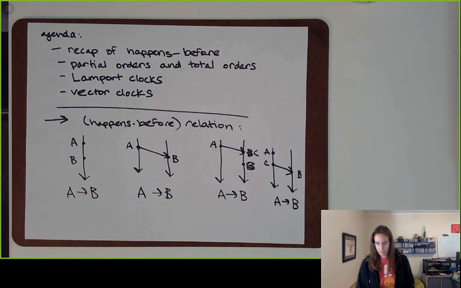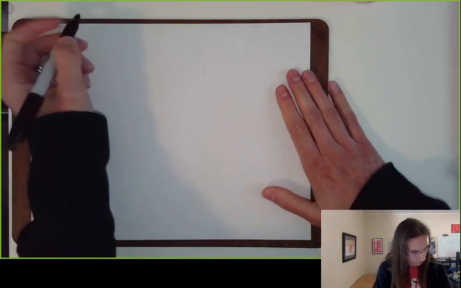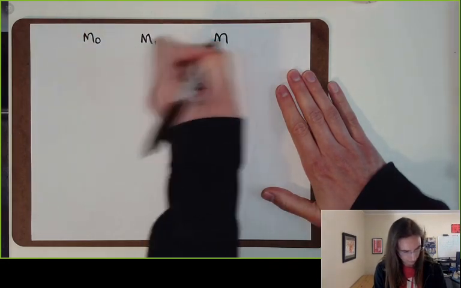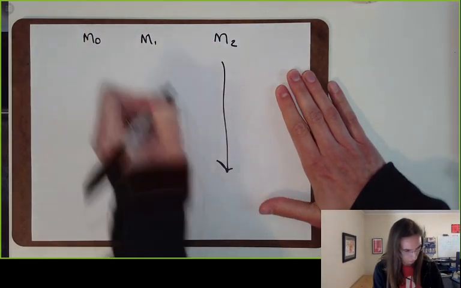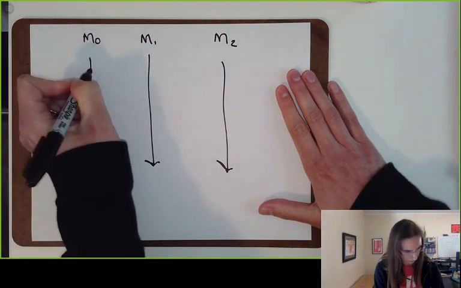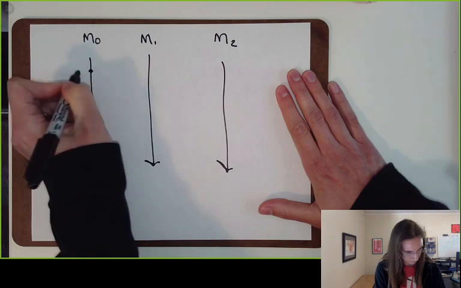Before getting to that, let's just put up a bunch of events and remind ourselves how we can talk about events being related or not related. So if we had 3 machines, or 3 nodes, let's just put a whole bunch of events and messages here.